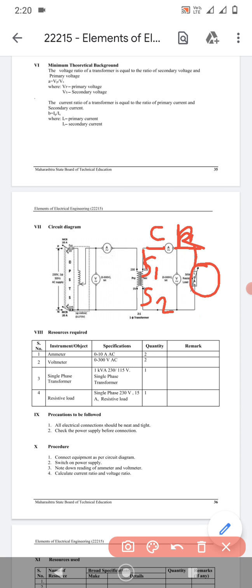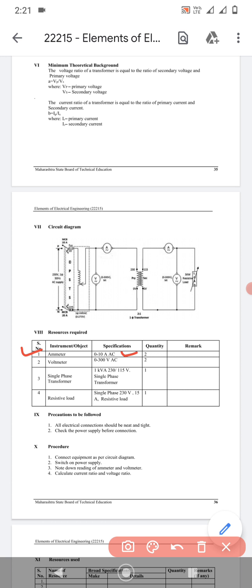Then we will see what resources are required to perform this practical. First, we will require 2 ammeters for measuring primary and secondary current having the range 0 to 10 ampere AC.